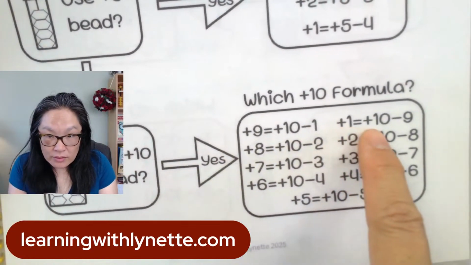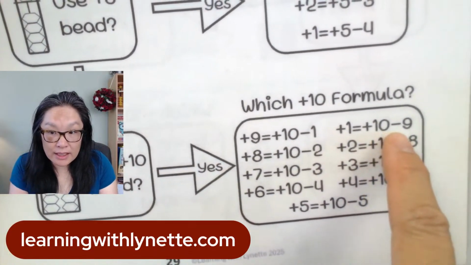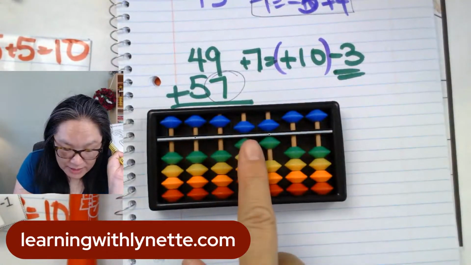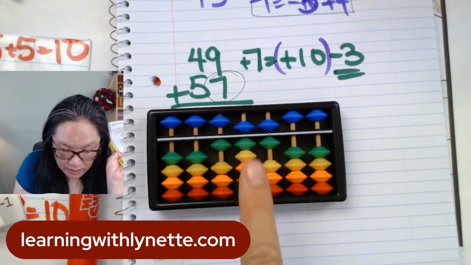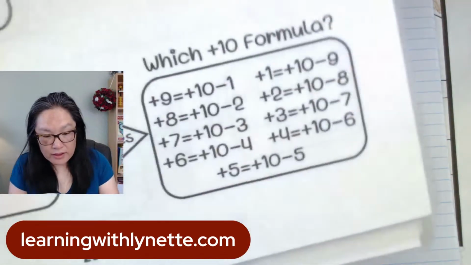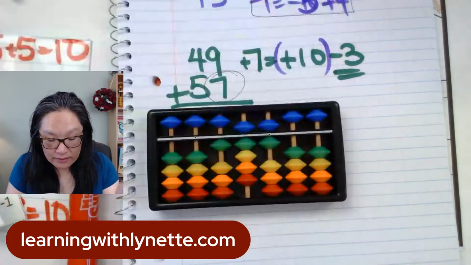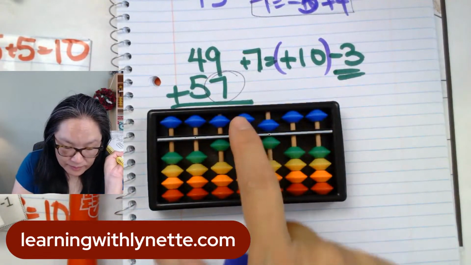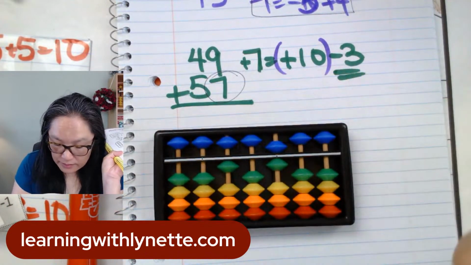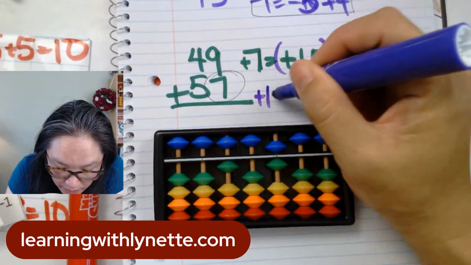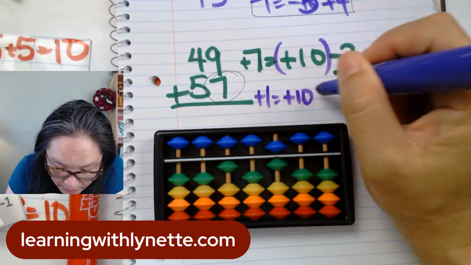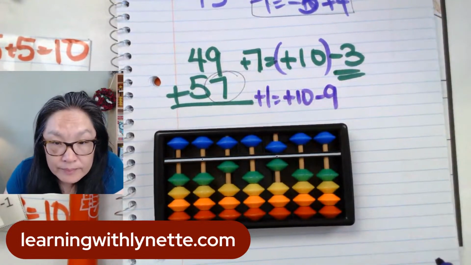Plus the 1 is, again, plus the 10 minus the 9. So what are we going to do? Plus the 10, 1, 0, 1, 0, 1, 0. And then minus the 9. So we minus the 9. That's what it is. So plus 1 is equal to plus the 10 minus 9.